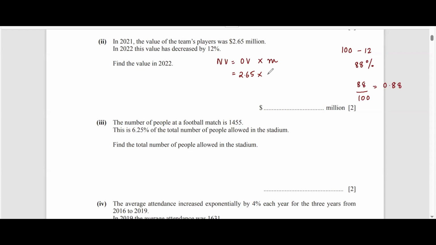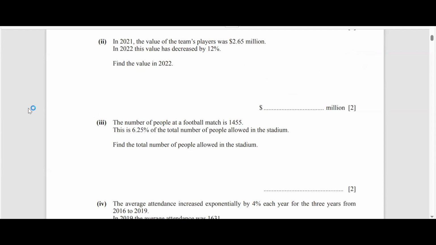So 2.65 multiplied by 0.88, when you put this in the calculator, you will get 2.332 million. 2.332 million will be your answer for the second subdivision.